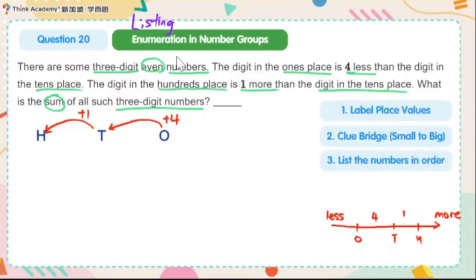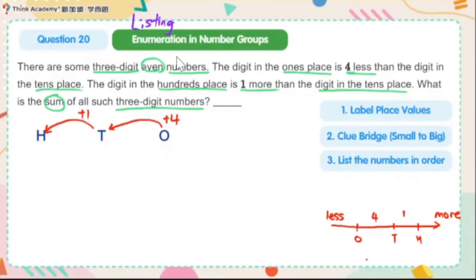It's time to list the numbers out in order. First off, we will again list from the smallest digit to the biggest digit. We should start from ones. What's the smallest possible ones digit we can have? Can I start from 1? Hey, no, remember, 0 is a special digit, but it only cannot appear at the highest place.